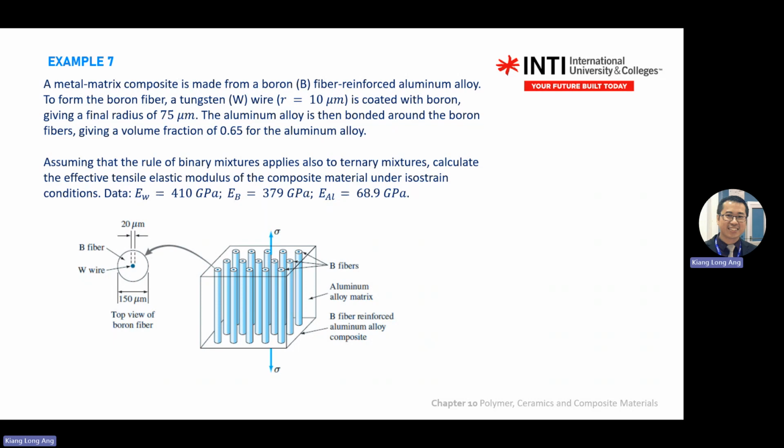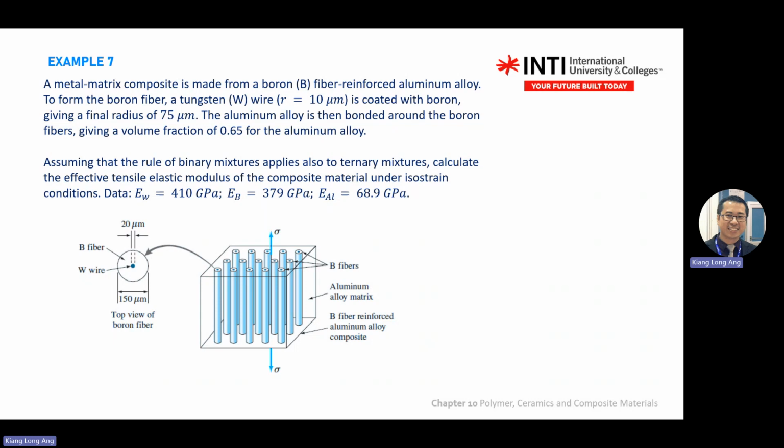Okay. Then it gives you the final diameter 150. In the question, it says radius 75, which is also correct. Aluminum alloy is then bound around with boron fiber, given a volume fraction of 65% of aluminum alloy. So this fiber was bound with aluminum alloy matrix. Means you pour inside plastics or gel, right? Matrix.